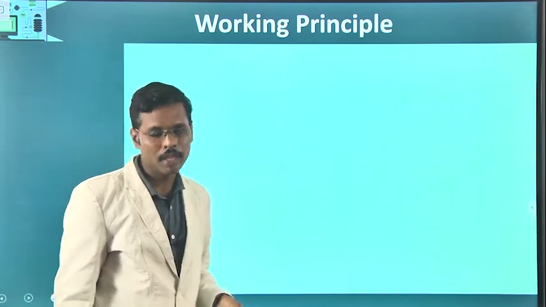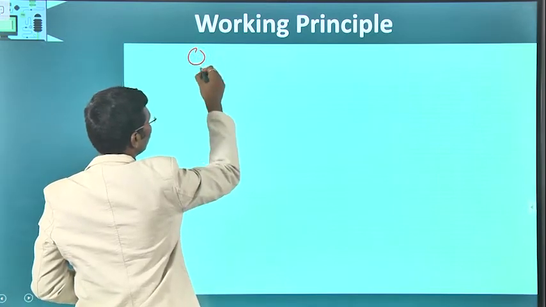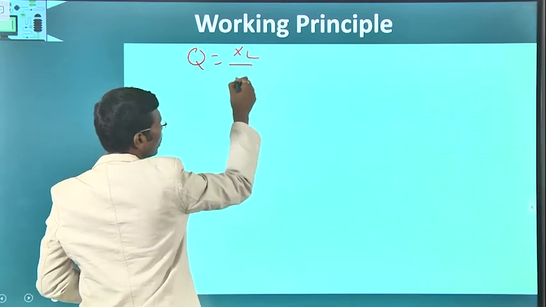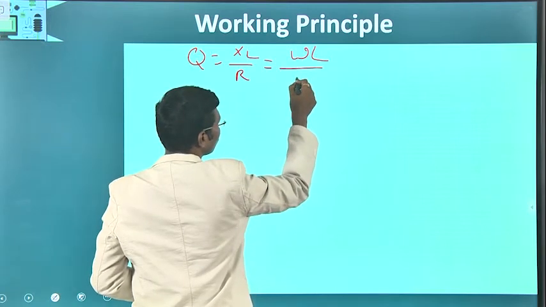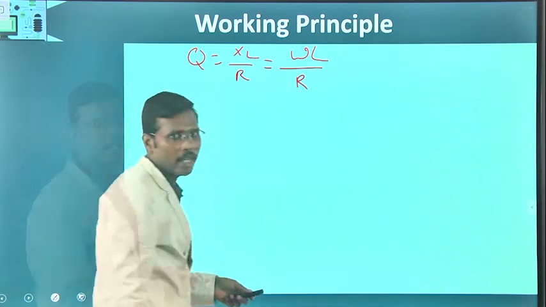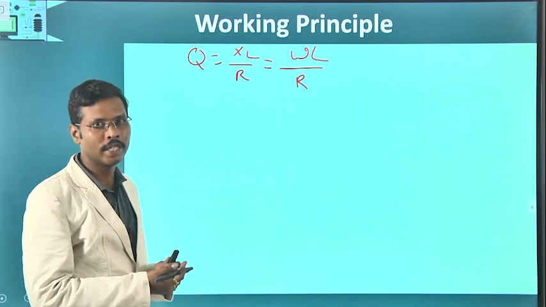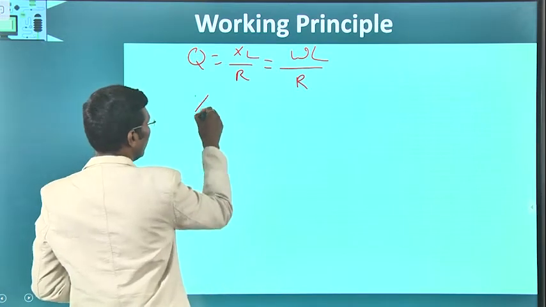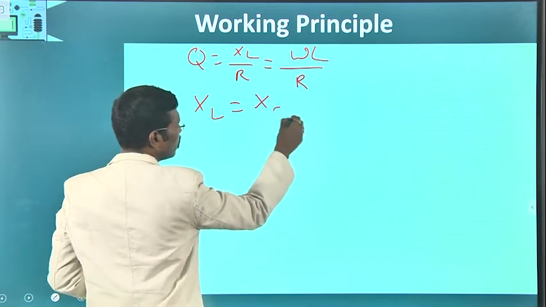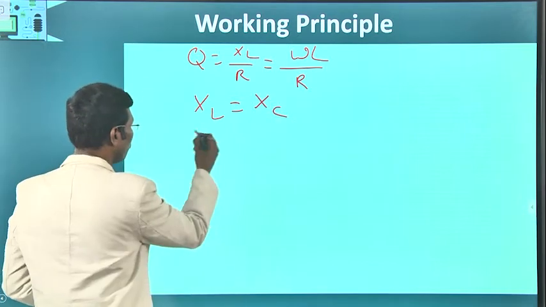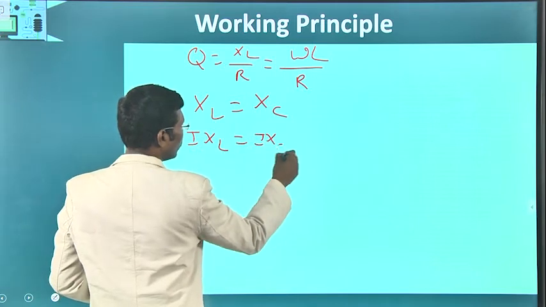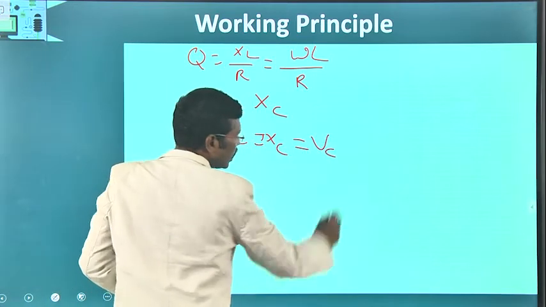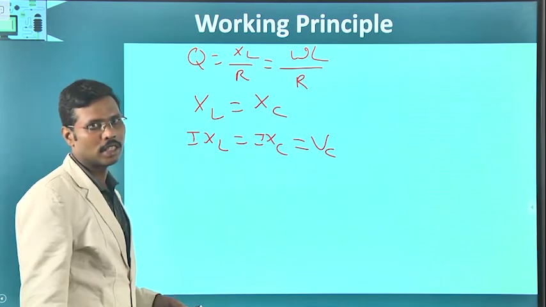As we have already given, quality factor Q is equal to XL by R, which is nothing but omega L by R, and when the circuit is at resonance, the XL value will be equal to XC. So I into XL will be equal to I into XC, which is nothing but VC, the voltage across the capacitor.